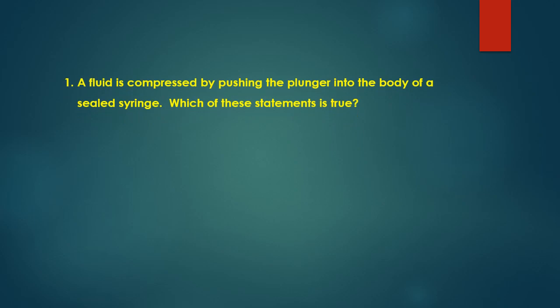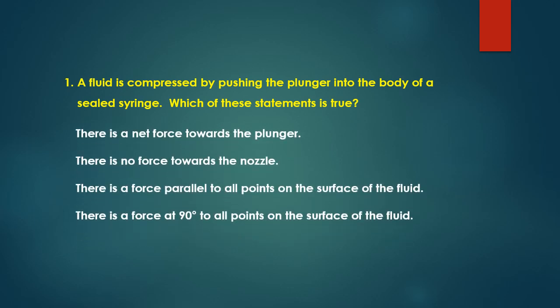Question 1. A fluid is compressed by pushing the plunger into the body of a sealed syringe. Which of the statements is true? You have 4 statements. The first one says there is a net force. Yes, we do know that there is a net force because we are pushing it. There is no force, which is completely wrong. Now we have 3 and 4, where one says the forces are parallel, and the other says that the forces are at 90 degrees.